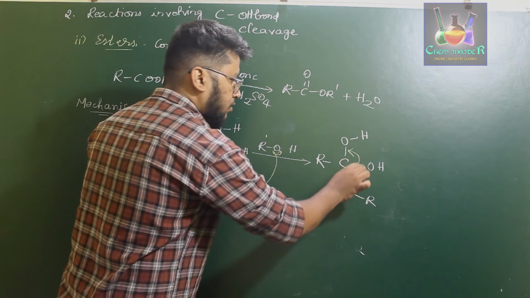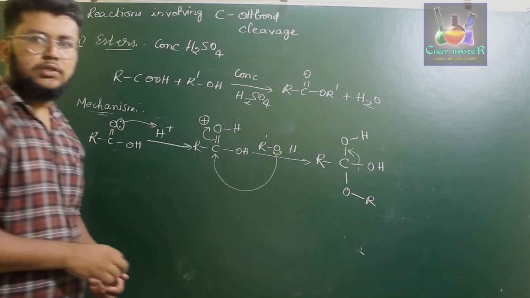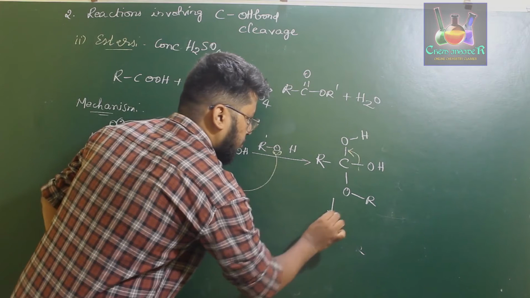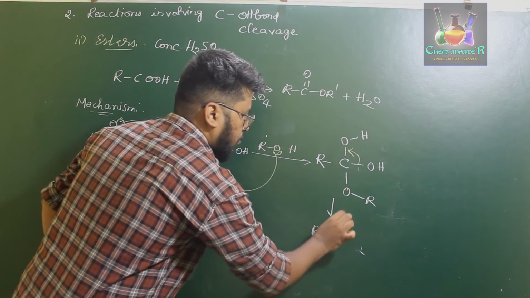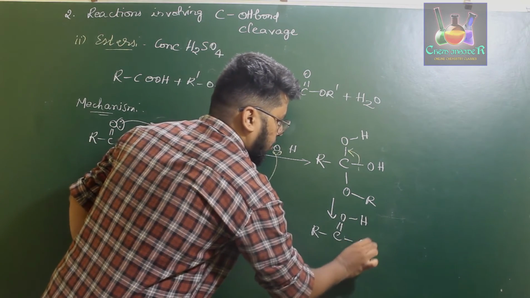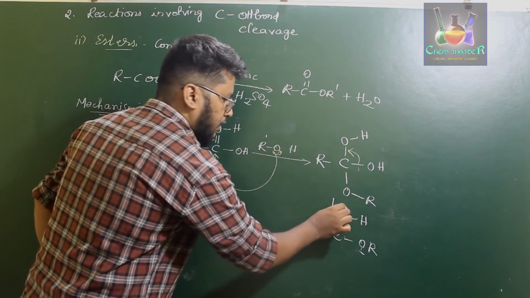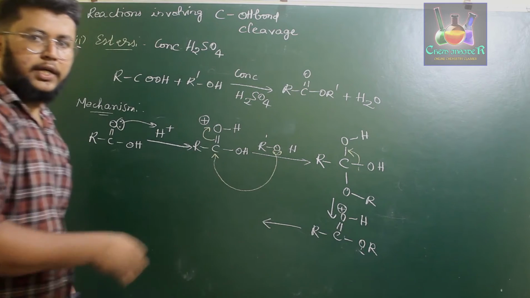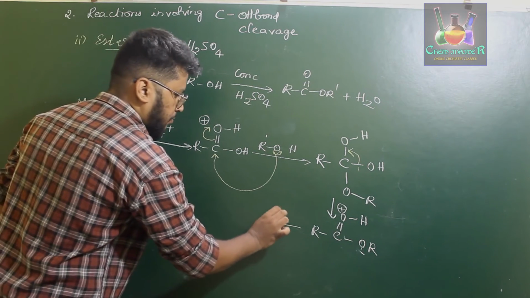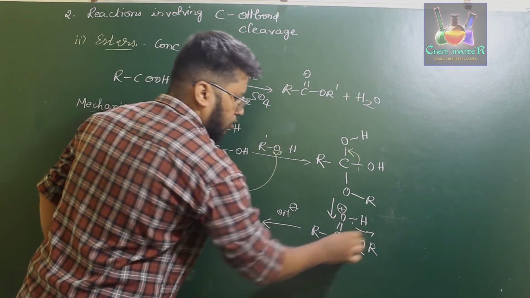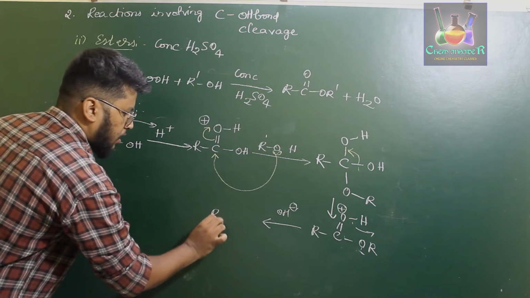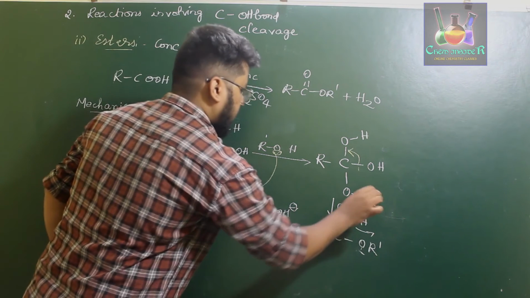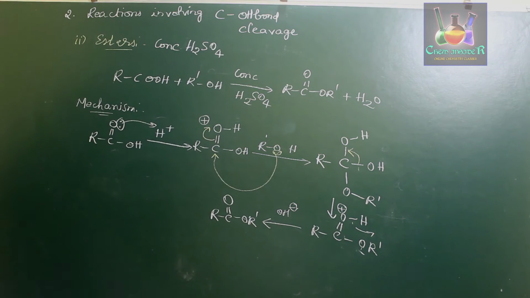So this bond breaks down, which results in a double bond on this particular oxygen atom. So that leads to the formation of R, C double bond OH, OR. We have lost the OH minus, and this oxygen carries a positive charge. Next, it gets deprotonated. That means in the presence of a base like OH minus, it loses a hydrogen and forms R, C double bond O, OR prime. So this is the mechanism of ester preparation.